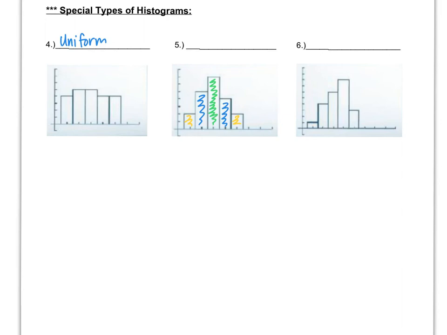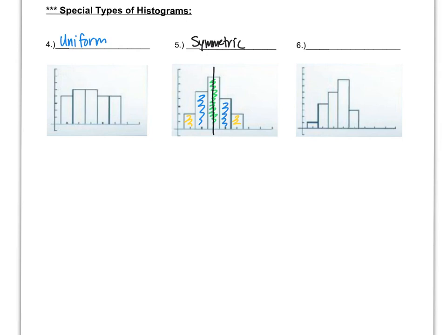Well, if we drew this line down through the middle here, we notice how it looks pretty symmetric, or the same, on both sides of that line, on both sides of this graph. So when that happens, we have the special type that we call symmetric. Symmetric meaning it is the same on both sides there.